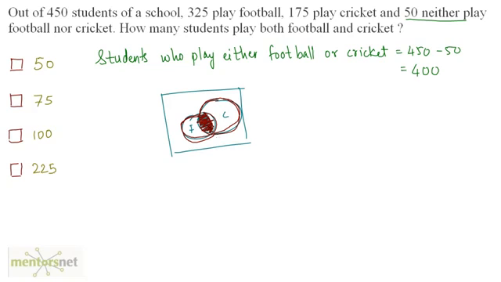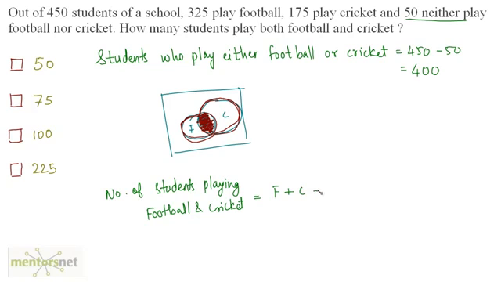How is that possible? Well, when you add football and cricket, you are basically counting this red shaded area twice, and when you subtract this whole thing, you only subtract this shaded area once, so only the shaded area remains. So students who play both football and cricket is equal to the total number of students playing football plus the total number of students playing cricket minus all of the students who play either football or cricket.